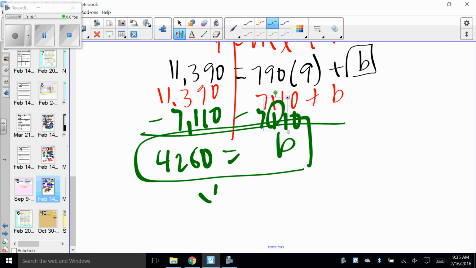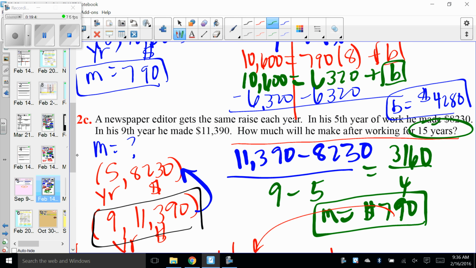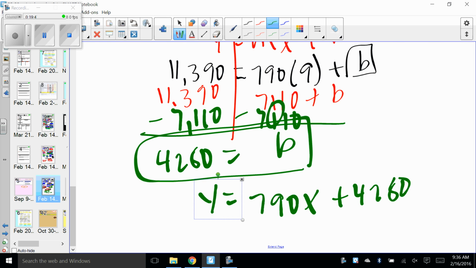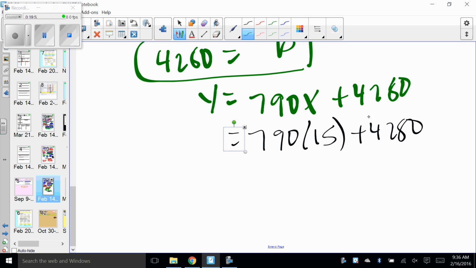So using that, then we'd say y equals, the slope is 790, x plus 4,280, and we want to know how much he is going to make in 15 years. So we're going to substitute 15 in. 790 times 15 plus 4,280. How many dollars is he going to make in 15 years?